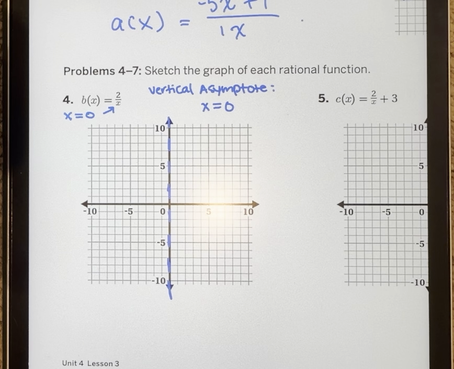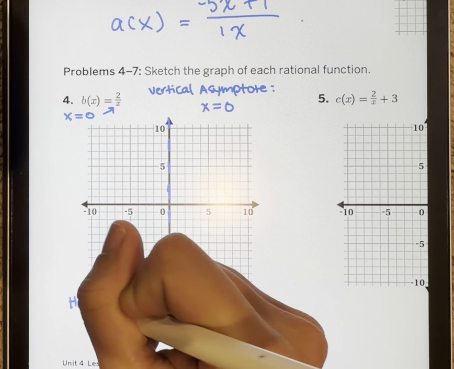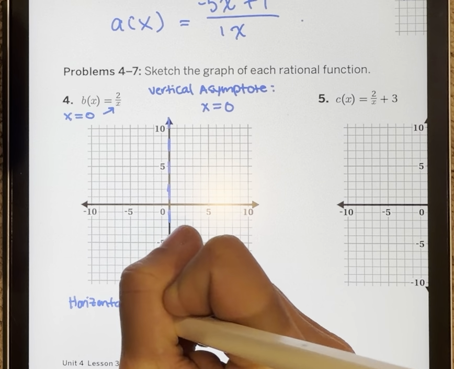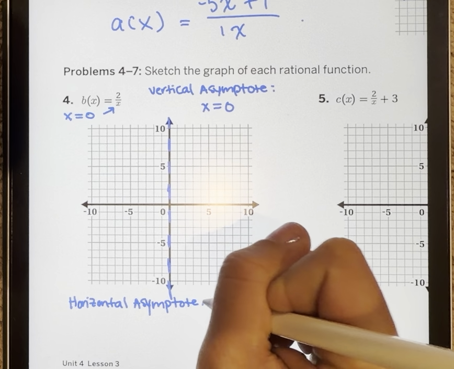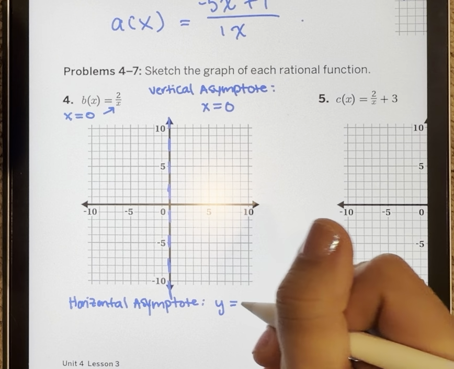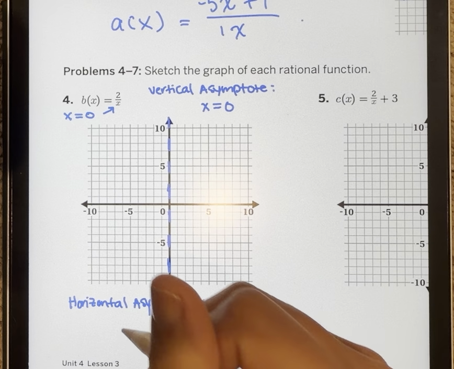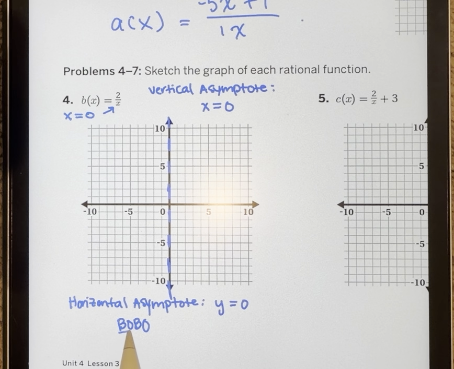Okay. And then we check for a horizontal asymptote. Now, we probably should know that the most basic ones, like just something over x, has a horizontal asymptote at y equals 0. But if we forget, we can check with Bobo, who says that if the degree is bigger on bottom, then the asymptote is at y equals 0.